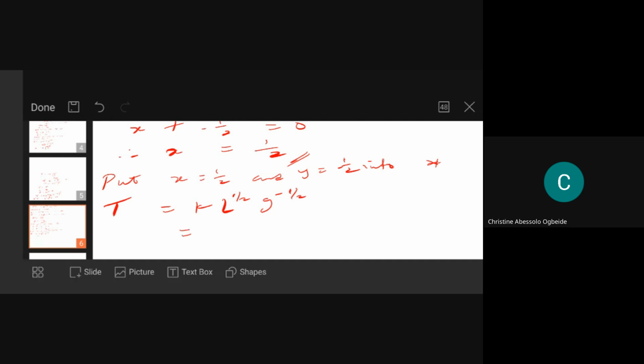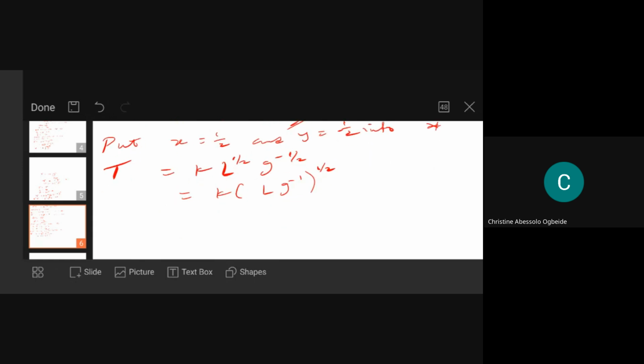I can write this in indices form. This becomes K bracket LG, LG to the minus half, before I put the fraction 1 all over 2. So this is 1 all over 2 on the outside right there. Of course, if I write this in fraction form, this will give me K L all over G, everything raised to power 1 over 2.